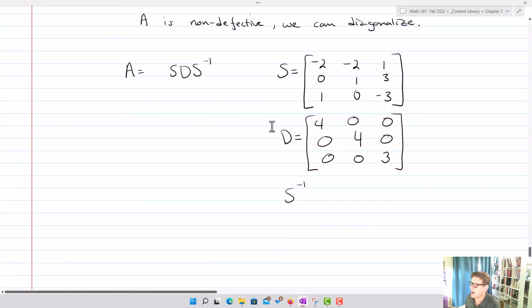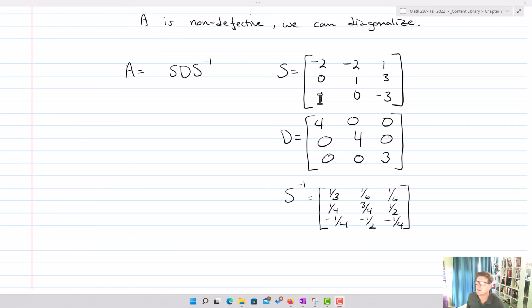So now I just need to find S inverse. I'll plug that into my calculator, and I get that S inverse is equal to 1/3, 1/6, 1/6, 1/4, 3/4, 1/2, negative 1/4, negative 1/2, negative 1/4.